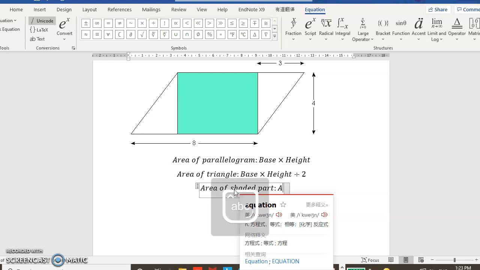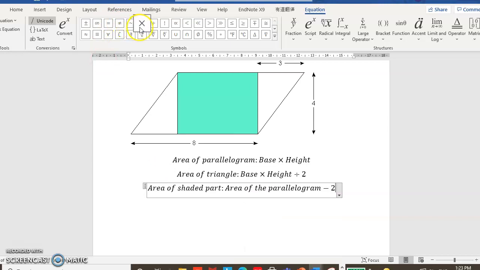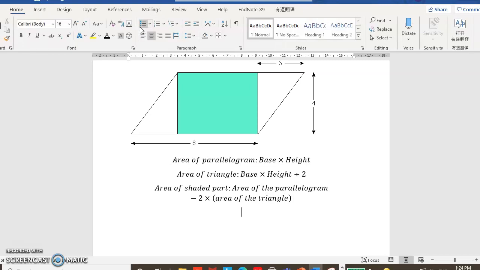So that would be the area of the parallelogram, minus 2 times the area of the triangle, because we've got the 2 small triangles, don't we?